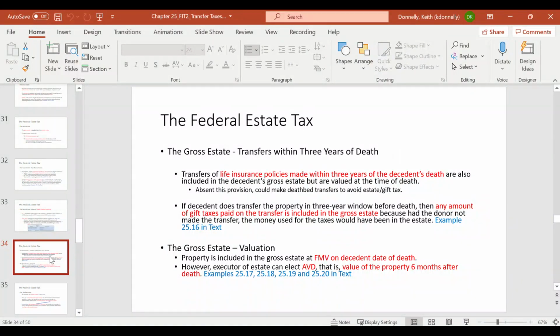Well, you can do that, but you can't just do it at your deathbed to avoid paying estate taxes on it. In other words, they have a 3-year look back, and they say, did you transfer this within 3 years of your death? If so, we're going to include it in your gross estate.